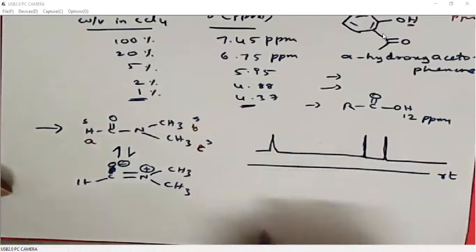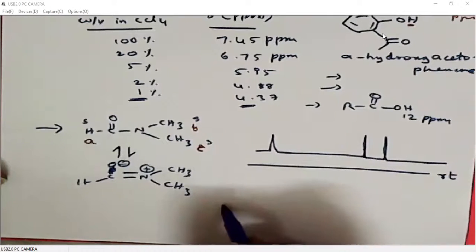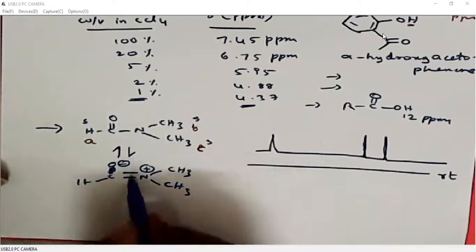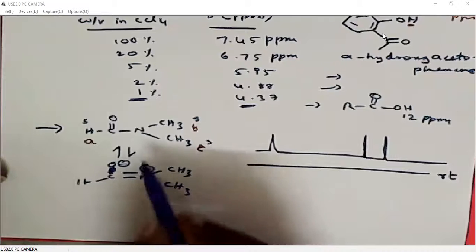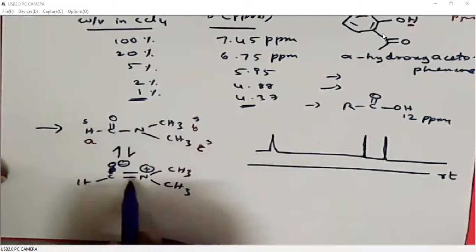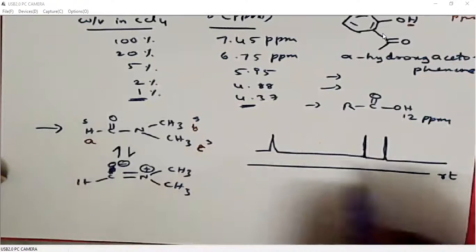Right. When we increase the temperature, what will happen? The resonance may become faster. That means the resonance step is very quick, so that it moves from this form to this form very quickly. In that case, what happens?